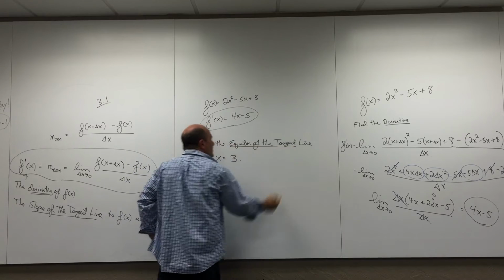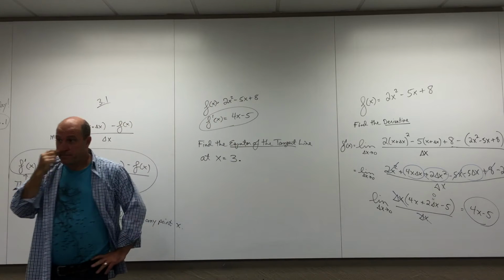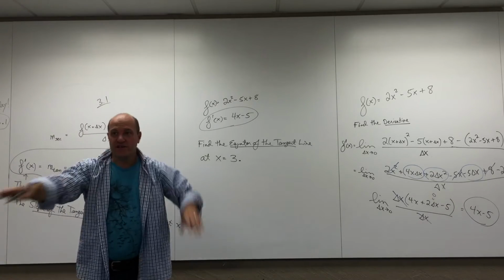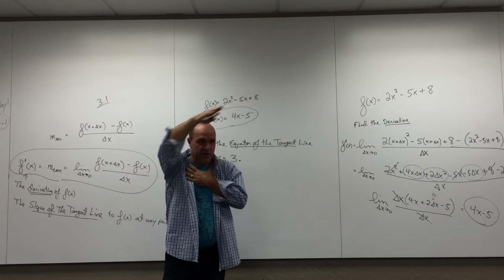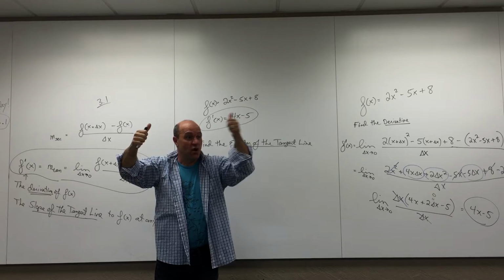So I want the equation of the tangent line at x equals 3 for this function. Hold on. You know about the equation of a line. If you want the equation of a line, you need a slope and a point. I need a slope and a point.